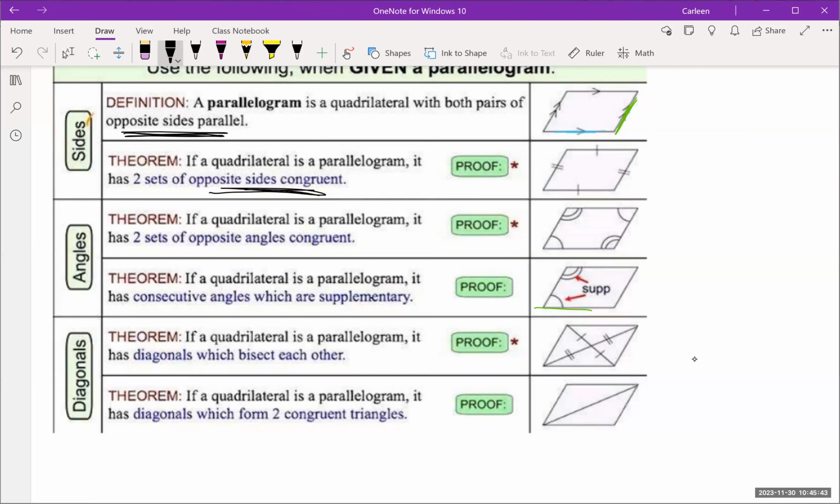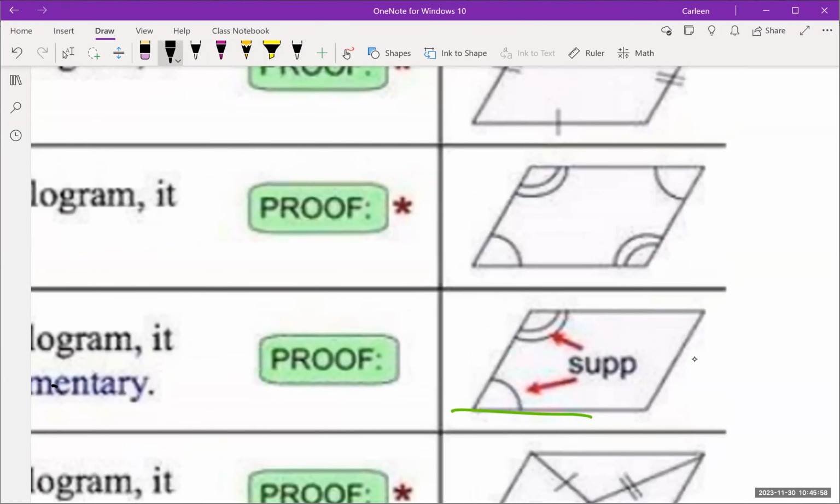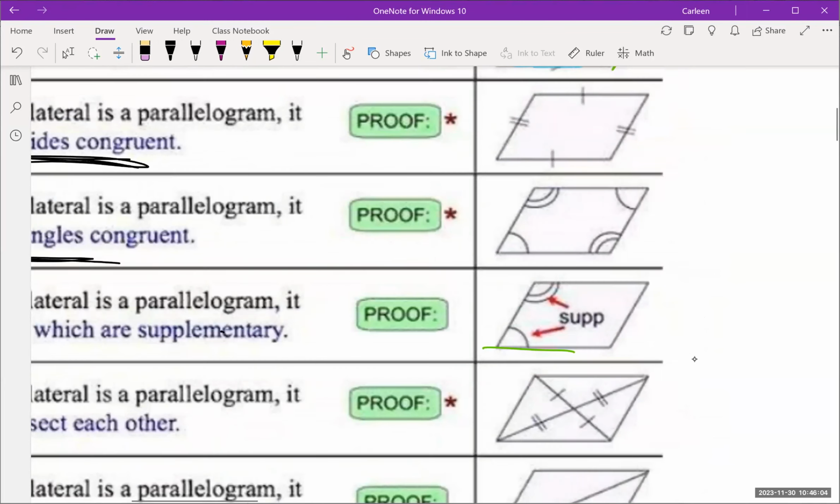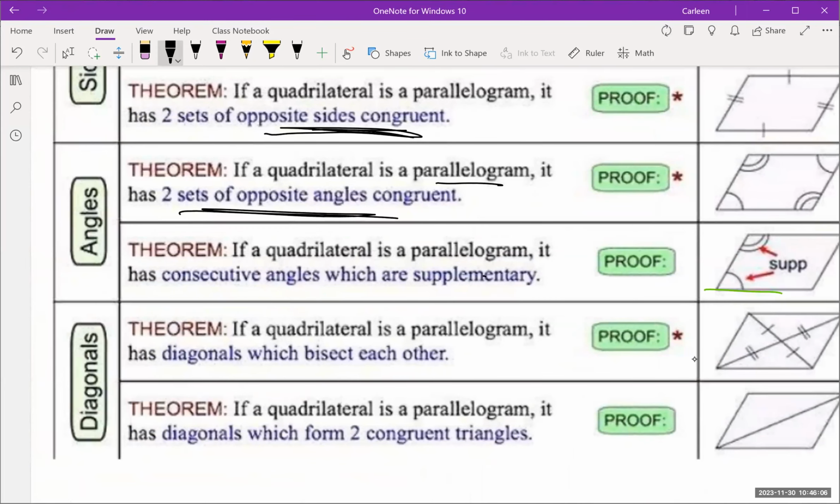Right now we're just discussing them. That is all the ones that have to do with sides. Let's talk about the angles. We can say that opposite angles are congruent. Can you see that you have 2 acute ones that are congruent and 2 obtuse ones that are congruent? So if it's a parallelogram, not every quadrilateral, but if it's a parallelogram.